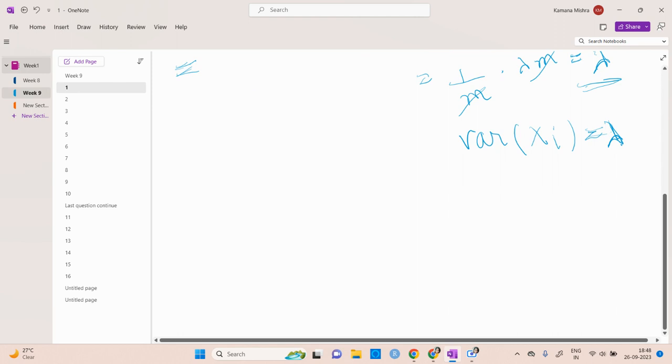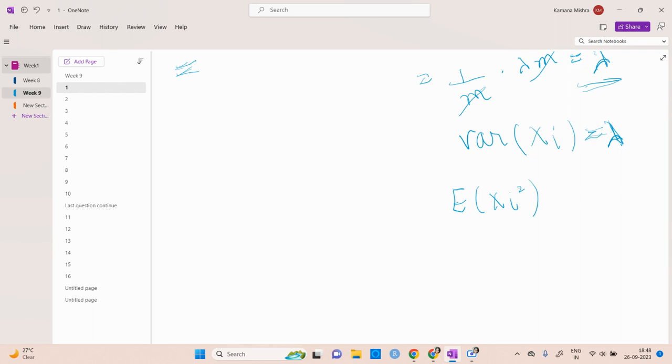So what we have is that expectation of xi square is equal to what? Lambda plus lambda square, I think, because variance of xi is equal to expectation of xi square minus expectation of xi whole square. So it will be lambda plus lambda square.